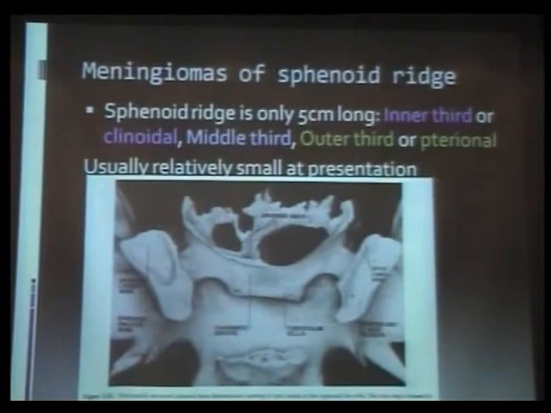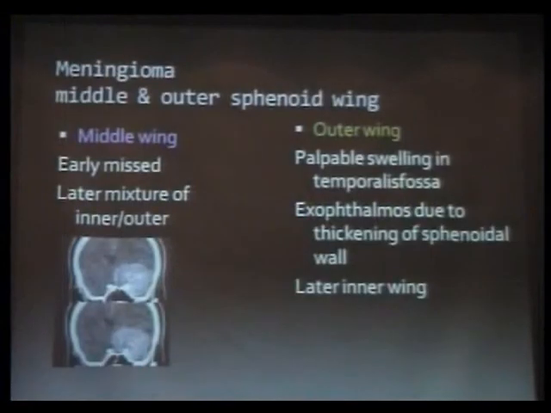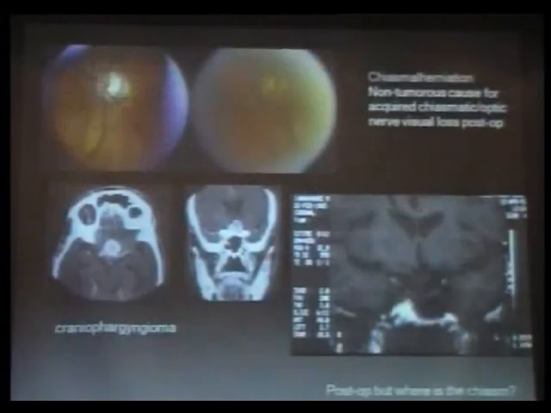So that's where we're looking, and we call lesions in the inner third, middle third, and then the outer third towards the calvarium. And this is obviously an outer third to middle third to inner third meningioma. The outer wing meningiomas give more blistering of the calvarium and hyperostosis there locally.